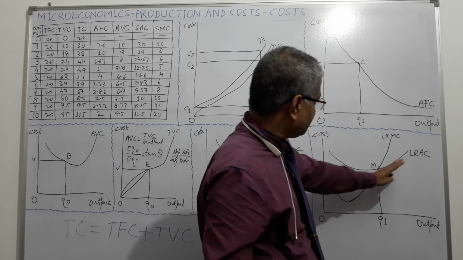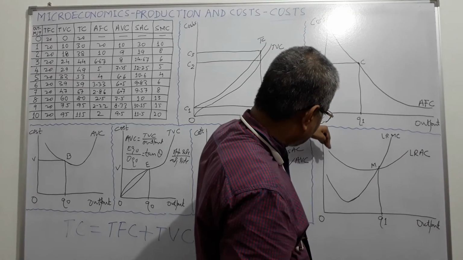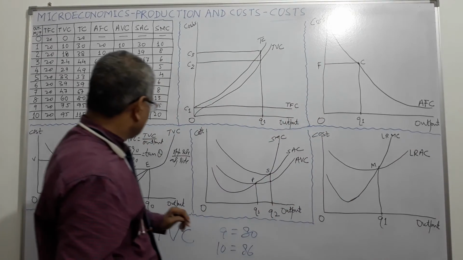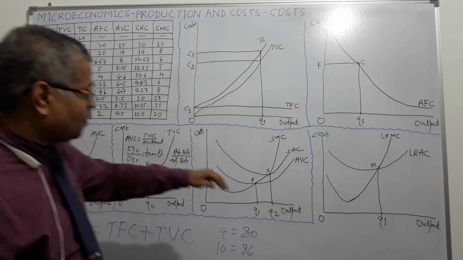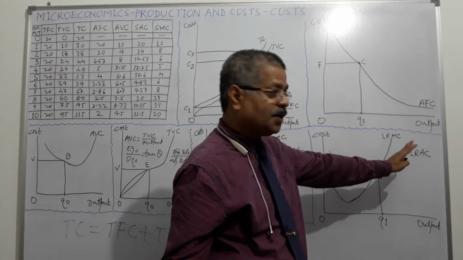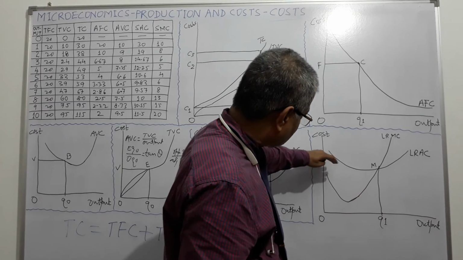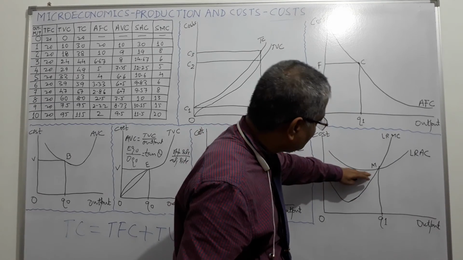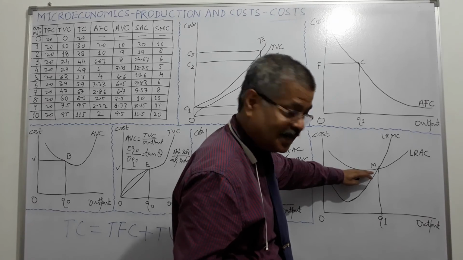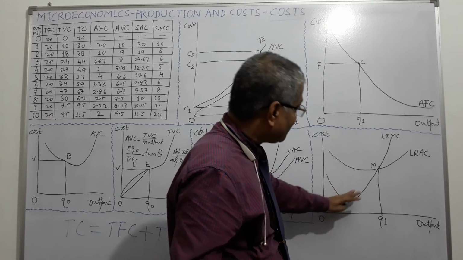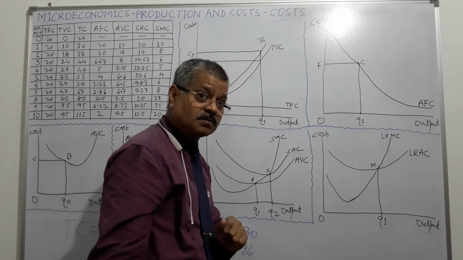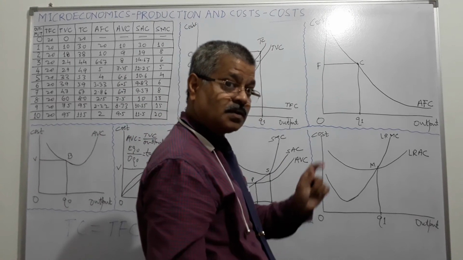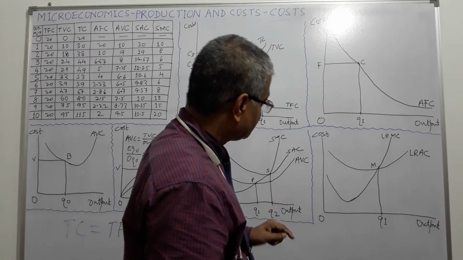So, the long run average cost curve. Initially, as you have seen here also, it's going down and then going up. So long as long run average cost is declining, long run marginal cost is also declining, but lower than LRAC.